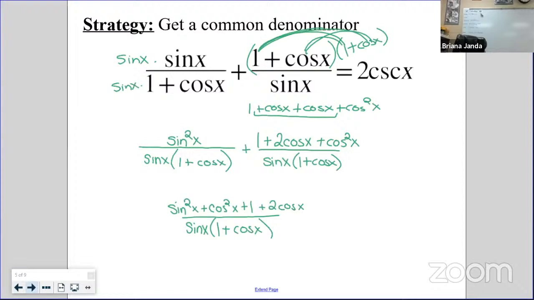Does anyone see anything emerging in our numerator? Like over and over and over. What is sine squared plus cosine squared? 1, right?